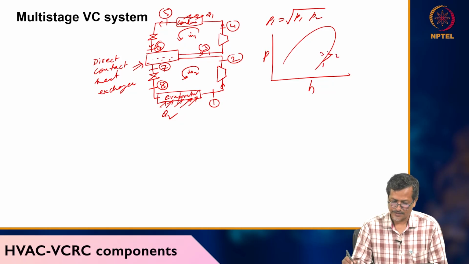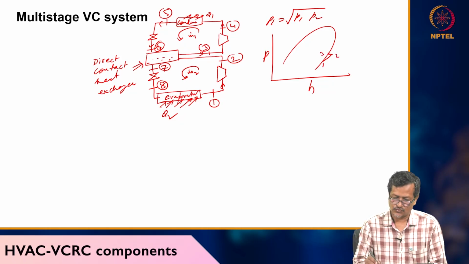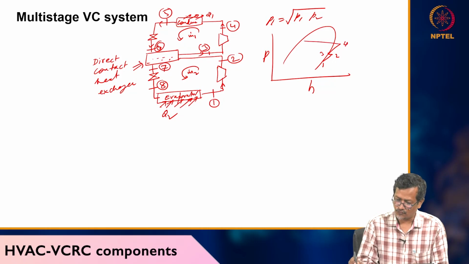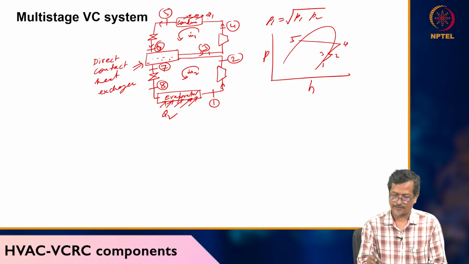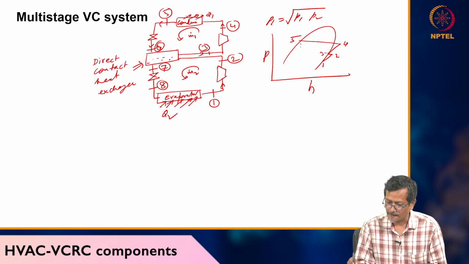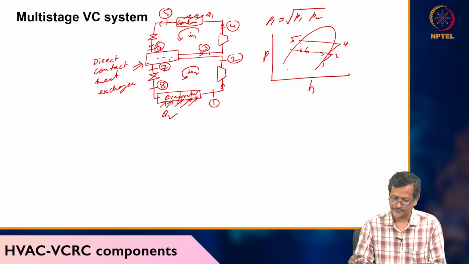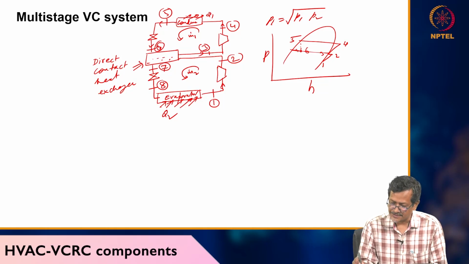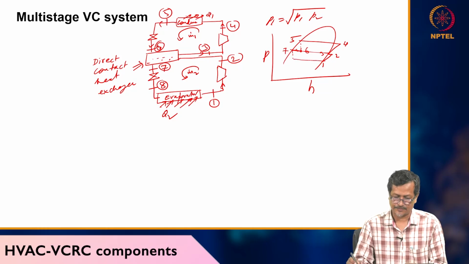Then 3 to 4, compression again. 4 to 5, heat release happened. Then 5 to 6 throttling happening, then 6 to 7 some temperature increase is happening in the bottom fluid, 7 to 8 throttling happening, 8 to 1 the process is becoming complete.